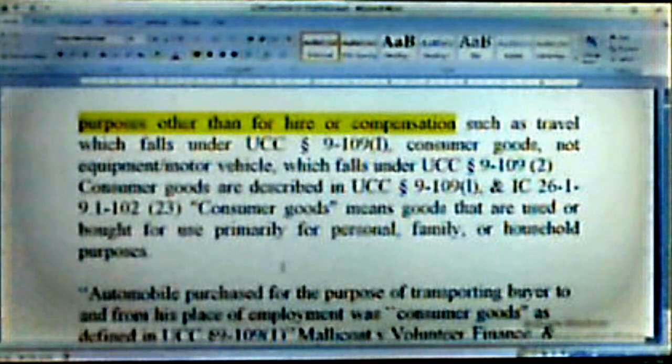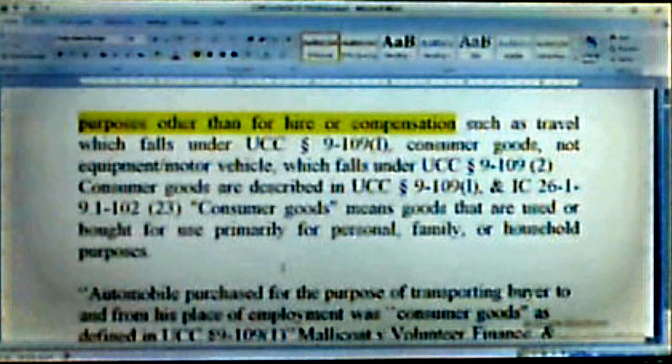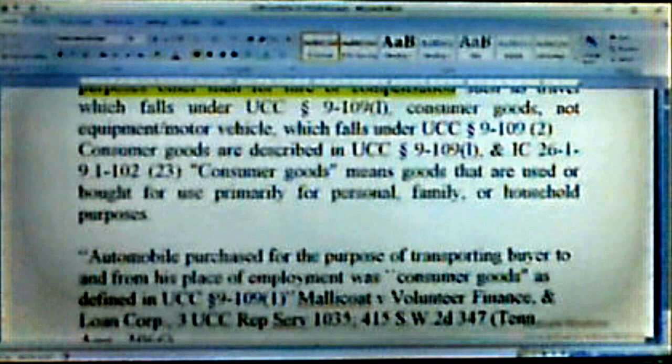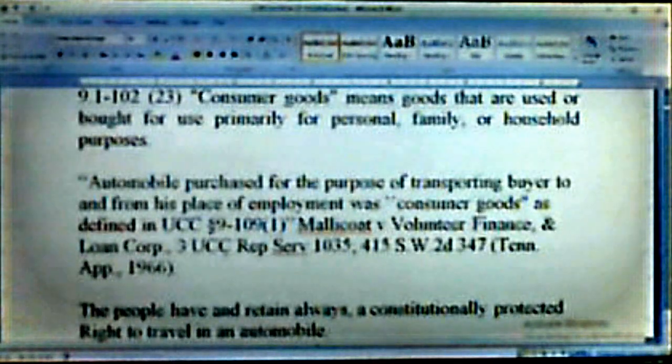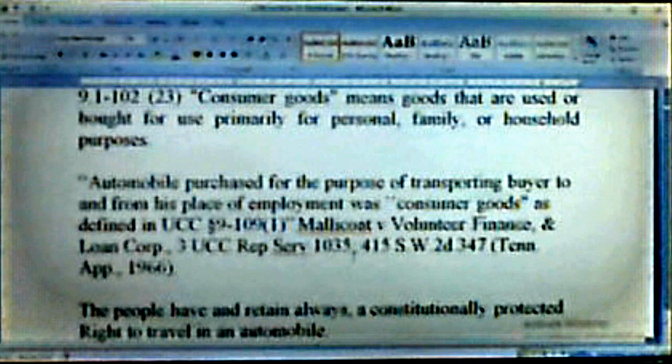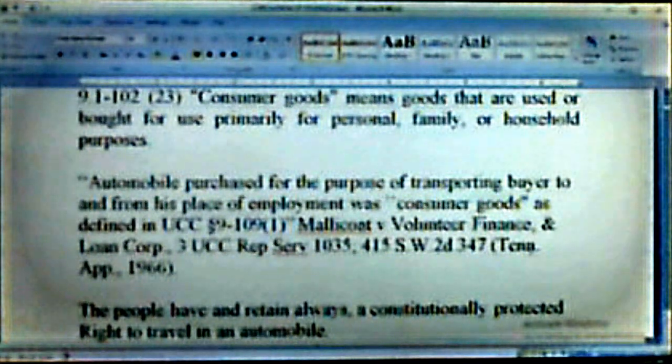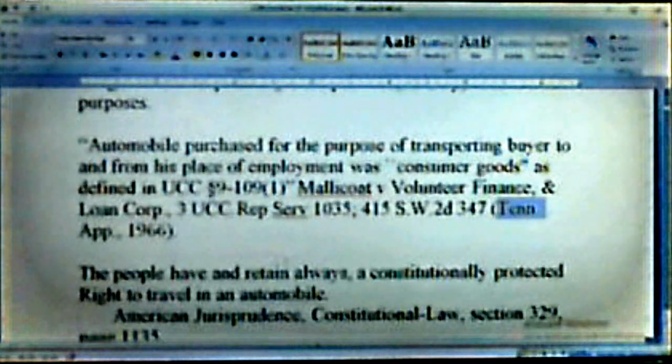Automobiles purchased for the purpose of transporting buyer to and from his place of employment was consumer goods, as defined in UCC 1091, and that was in Malcott versus Volunteer Finance and Loan Corp., 3 UCC Rep Serve 1035 415. Right? You guys get the point. This ruling came out of Tennessee. Okay?